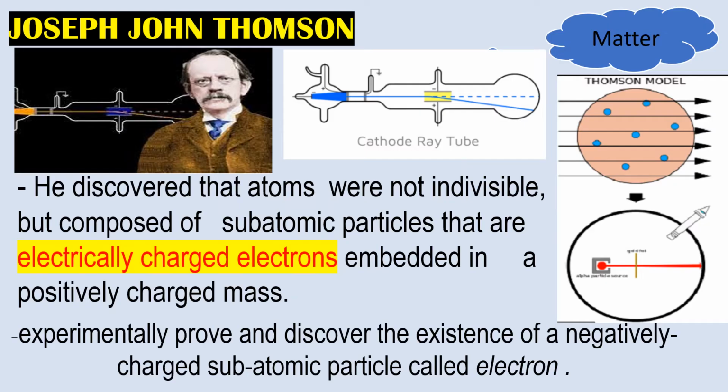The first scientist who discovered the subatomic particles was Joseph John Thomson or J.J. Thomson. He discovered that atoms were not indivisible but composed of subatomic particles, with electrically charged electrons embedded in a positively charged mass.